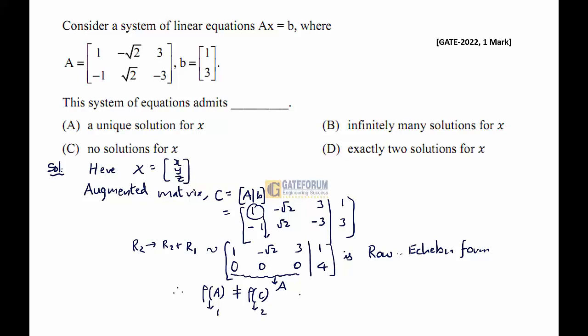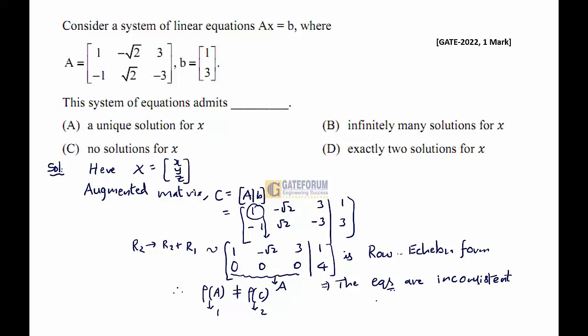So when rank A is not equal to rank C, that is, the rank of the coefficient matrix is not equal to the rank of the augmented matrix, the equations are inconsistent. Inconsistent means a solution does not exist.